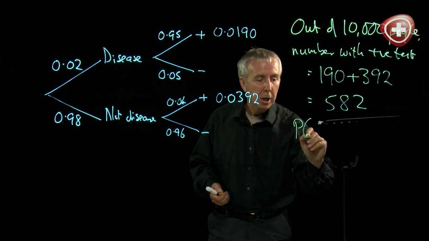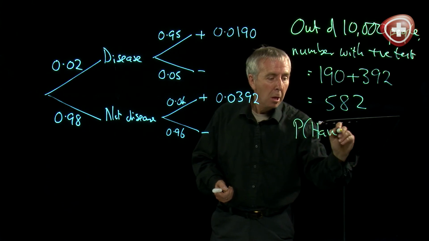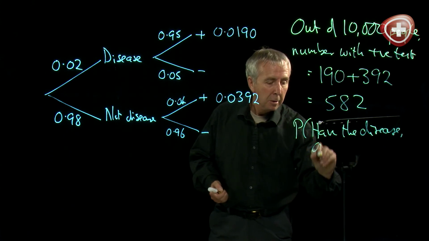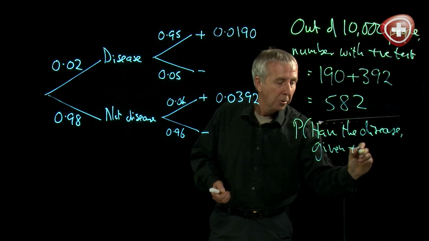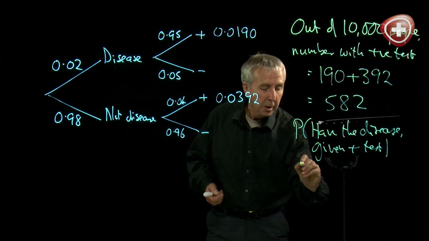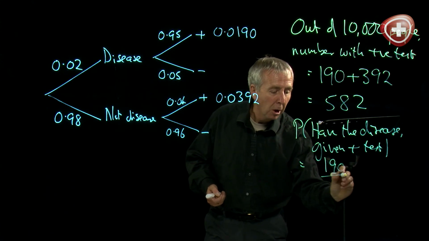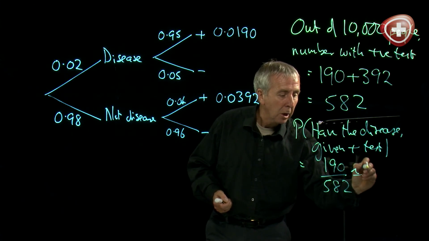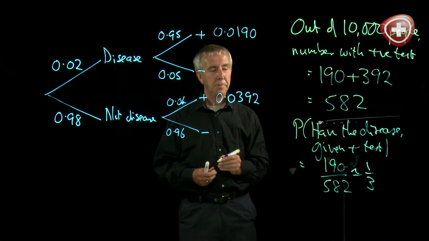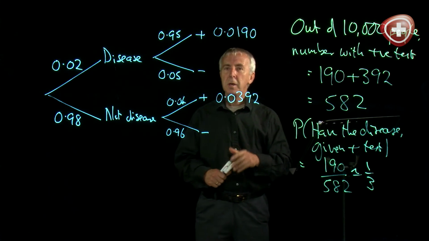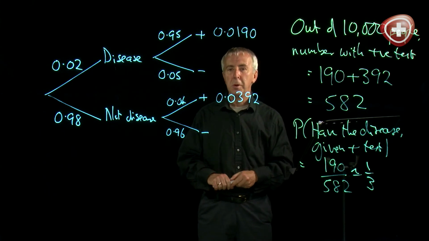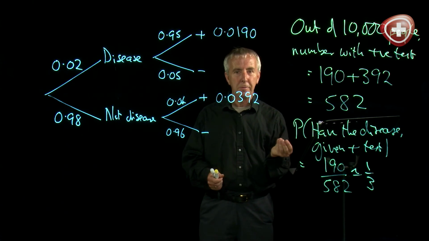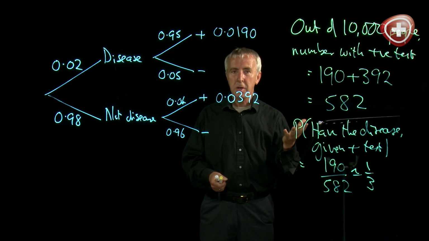So the probability that you have the disease given a positive test is actually 190 out of 582, which is roughly equal to a third. And so we need to be very, very careful and thoughtful whenever we have any sort of test like this. Just because you're positive doesn't mean you've got the disease.